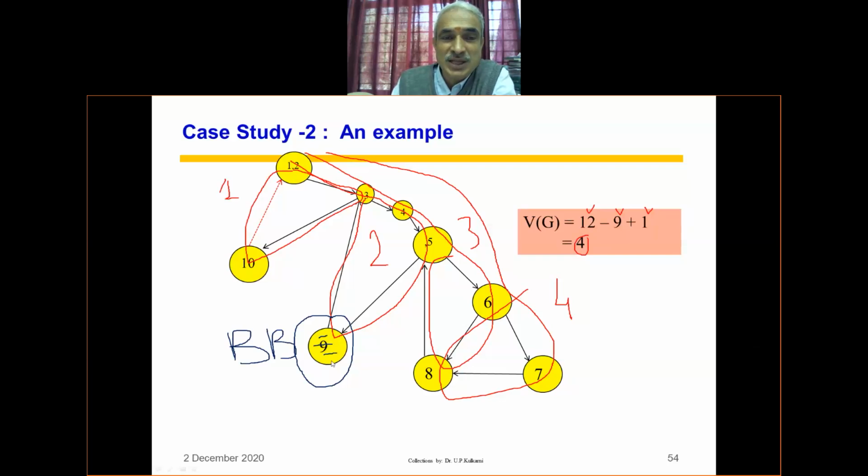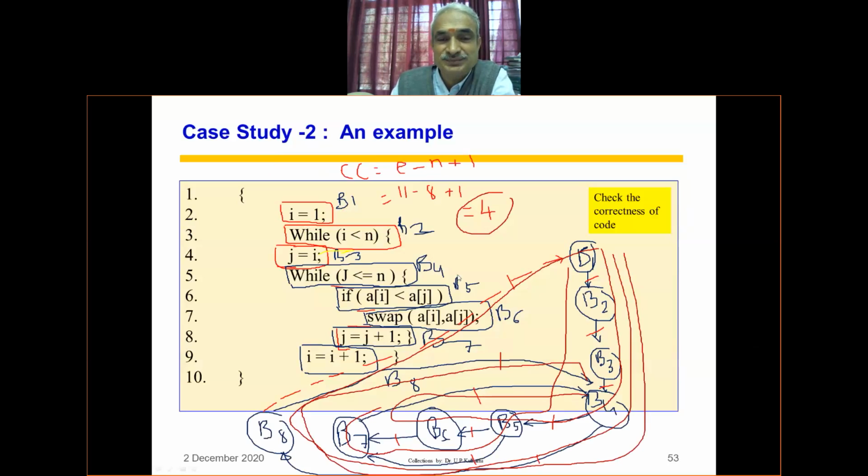Because there is one which takes you through this, that's why. So it is always this. Please look into that. Is that clear?